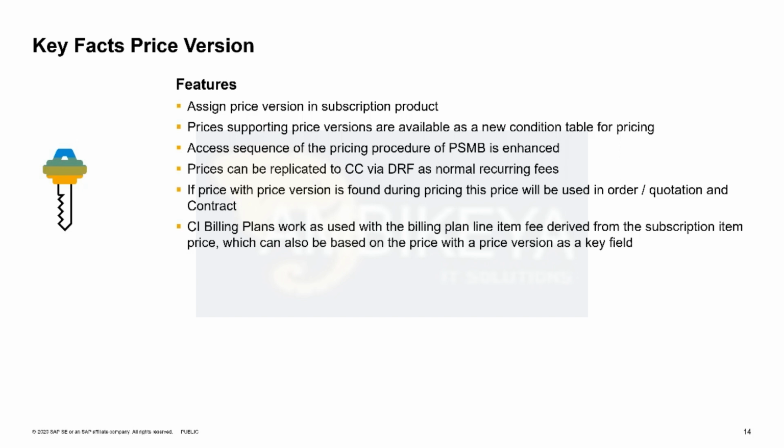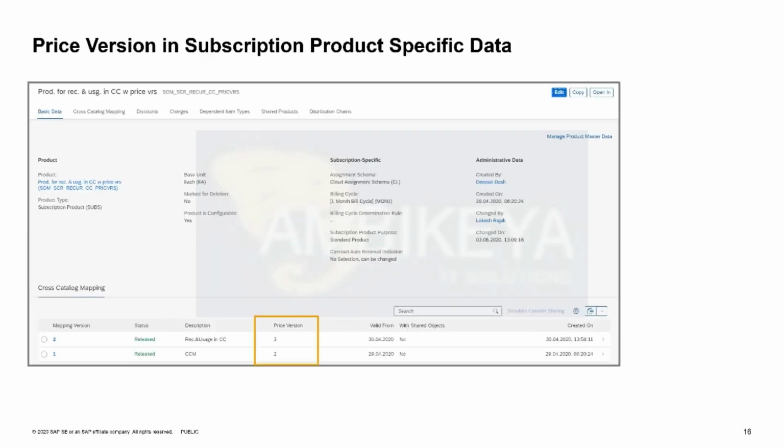So here you see this price version mapping in the subscription product specific data. You can create a cross-catalog mapping, and in that cross-catalog mapping, you can now attach a price version. Okay.